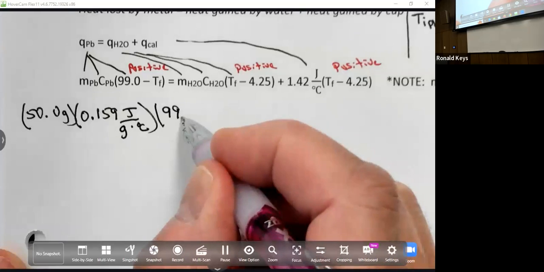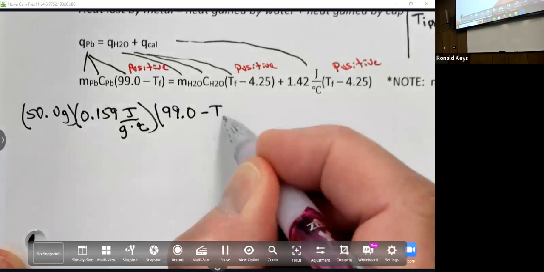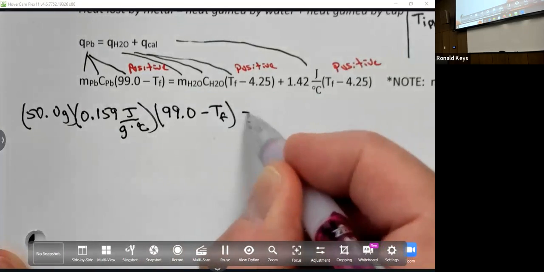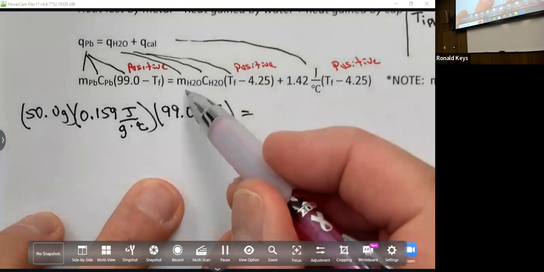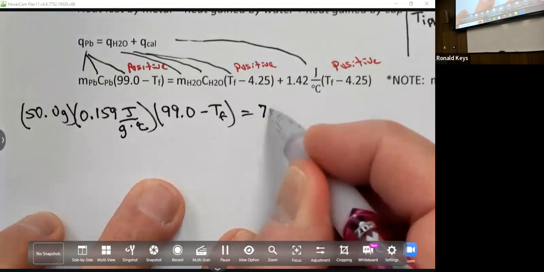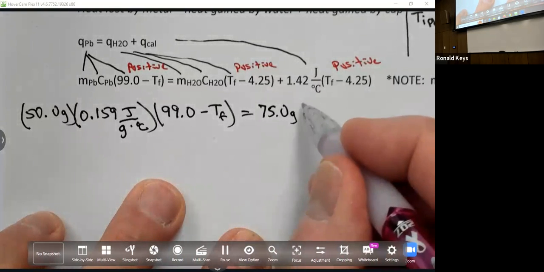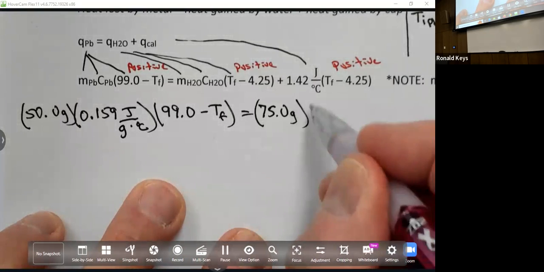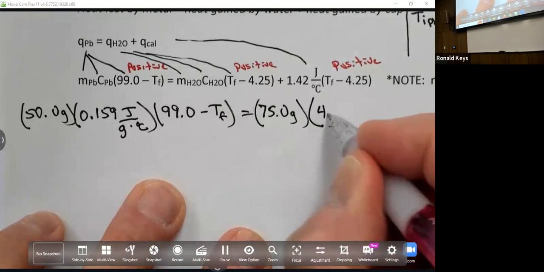(99 degrees Celsius). It's T final. My mass of water is 75 grams. Specific heat of water, 4.184.